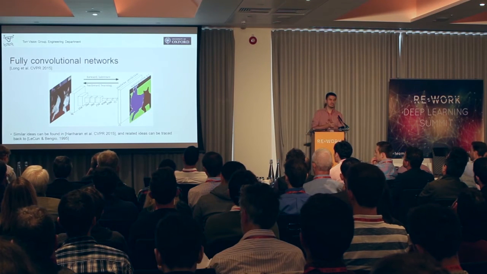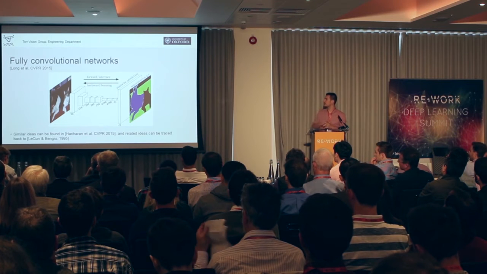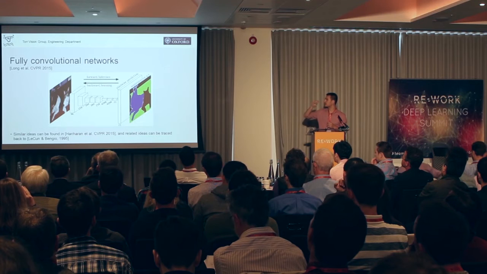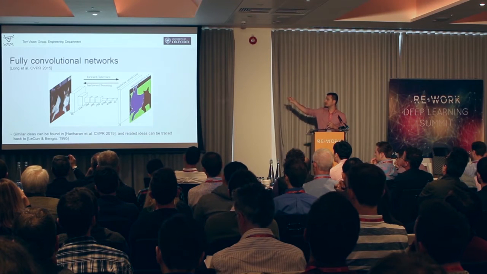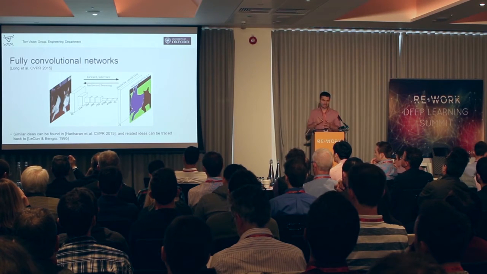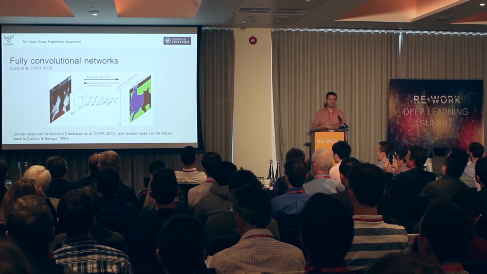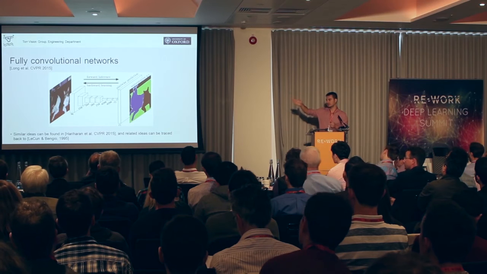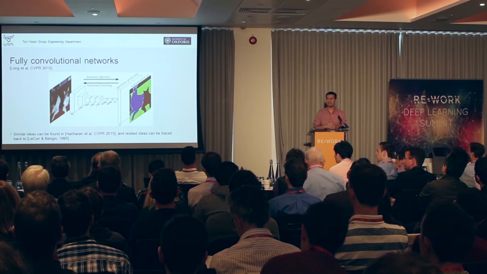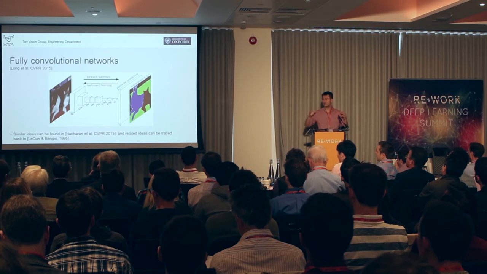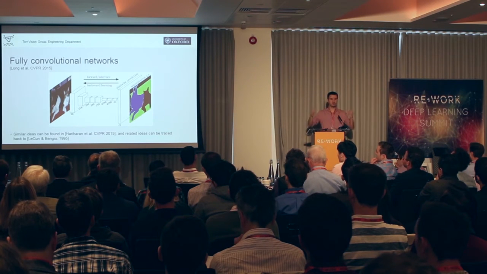Starting from the beginning, we look at fully convolutional neural networks. They were first described in this paper by Long and others in the context of semantic segmentation. This network consists of a set of convolutional and max pooling layers, followed by a set of deconvolutional layers that upsample the representation of the image back to the original size.